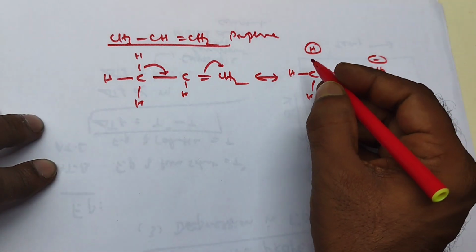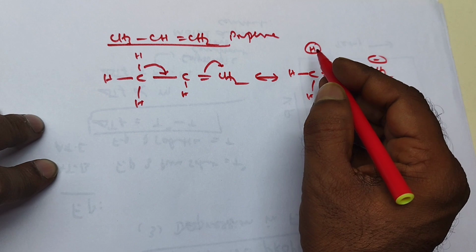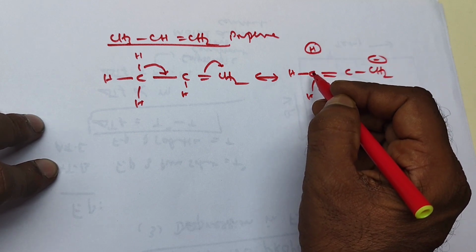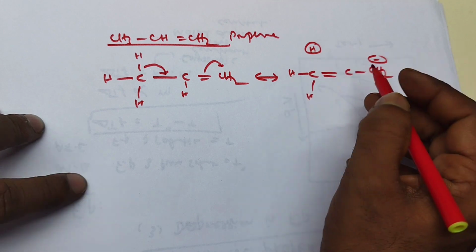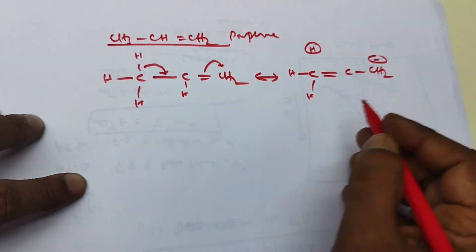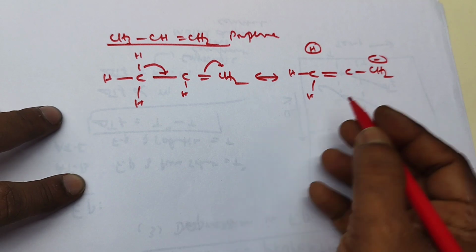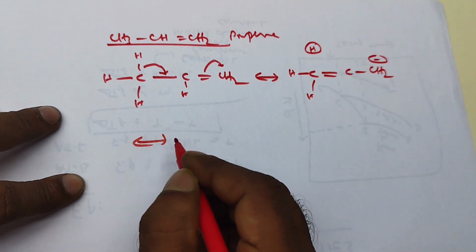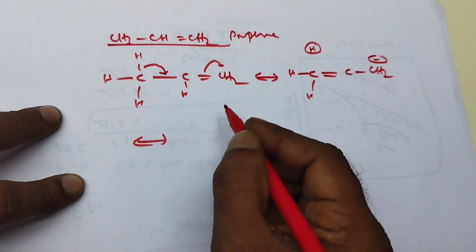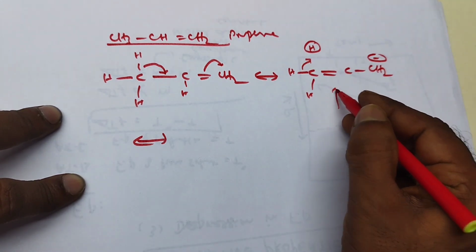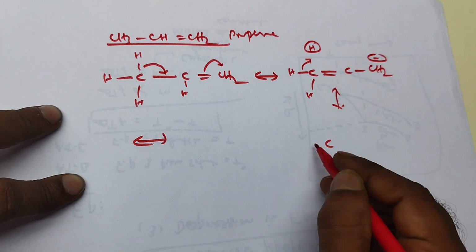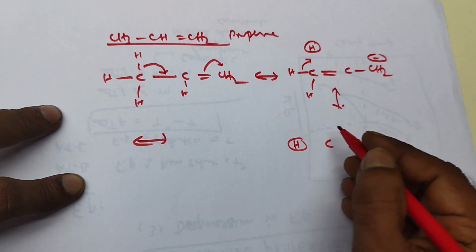Why is this hyperconjugative effect called no bond resonance? Here there is no bond existing between the carbon atom and the hydrogen atom, even though we can write these structures. We call them hyperconjugative resonance structures, or simply resonance structures, for these hydrogen atoms. If we shift this one, now there is no bond between this hydrogen and this carbon.